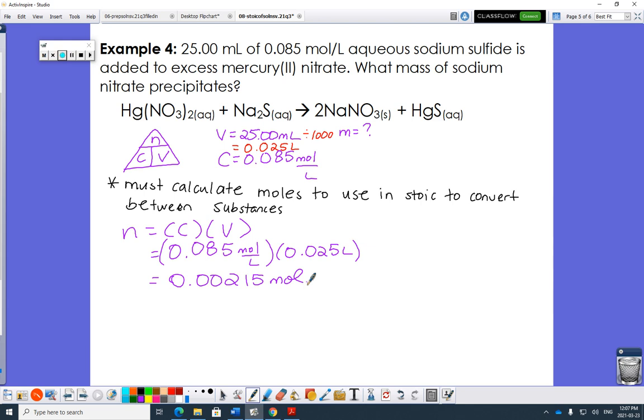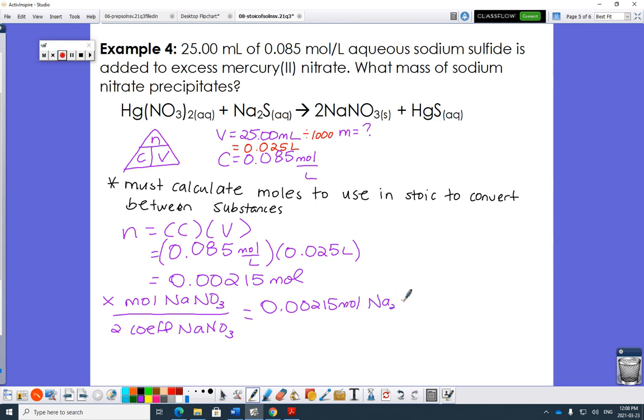So what is it? What do we want? Sodium nitrate. What's its coefficient? 2. We have the moles of sodium sulfide. What's its coefficient? Only 1.